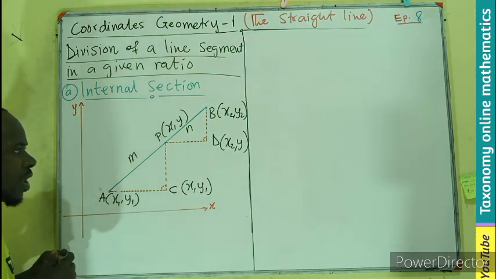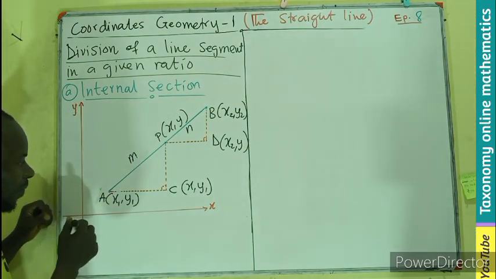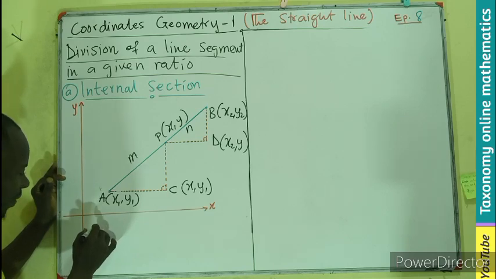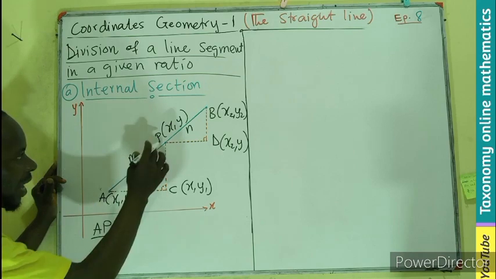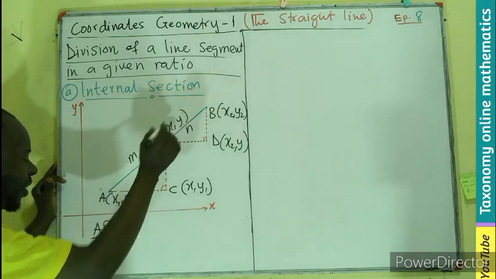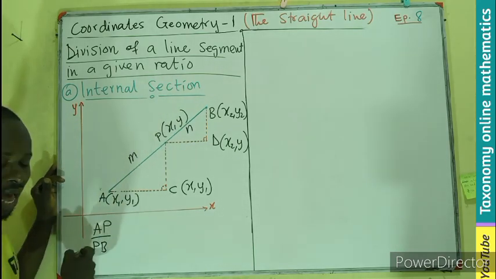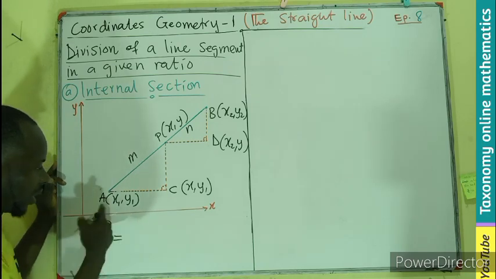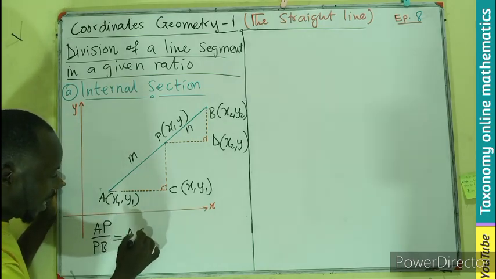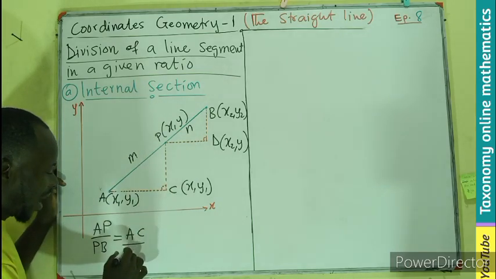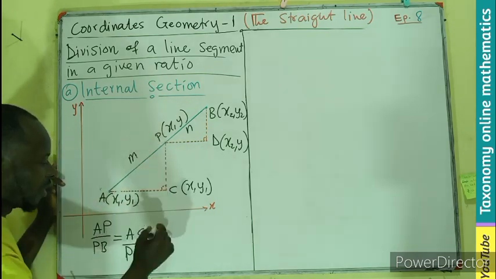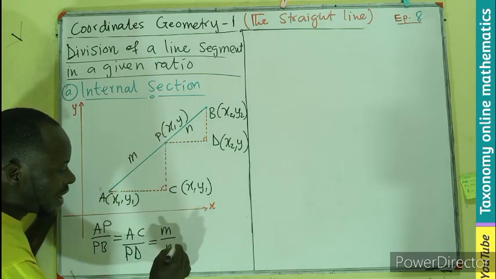So from similar triangles, I can say that the length AP divided by the length PB will be equal to the length AC divided by PD, which will all be the same as M/N.